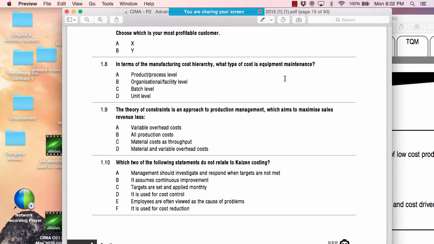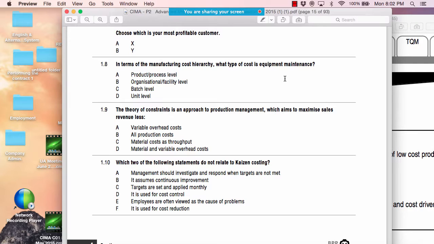Actually, it is A. So for homework, just look at what the manufacturing cost hierarchy is, because that's a definition. I did take a stab at A because I thought the manufacturing and equipment maintenance goes in to keep it flowing, if it keeps the product being produced when you maintain it.